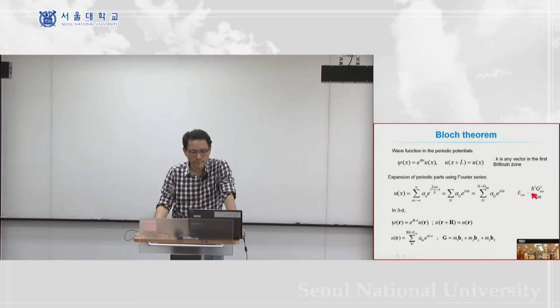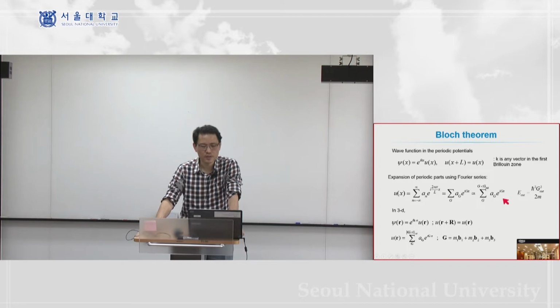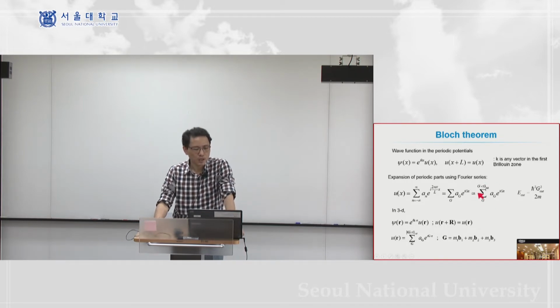For a specific G, you can assign a free electron energy, ħ² G² over 2m. Then you only keep those terms within a certain cutoff energy, or a certain G cut. This is what we do in the actual computation.